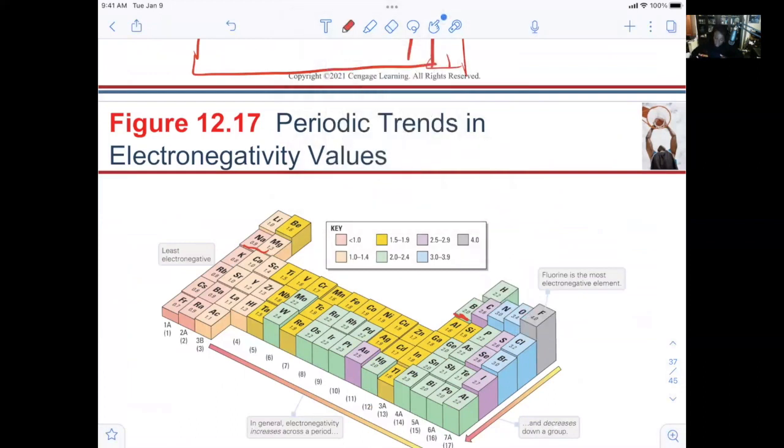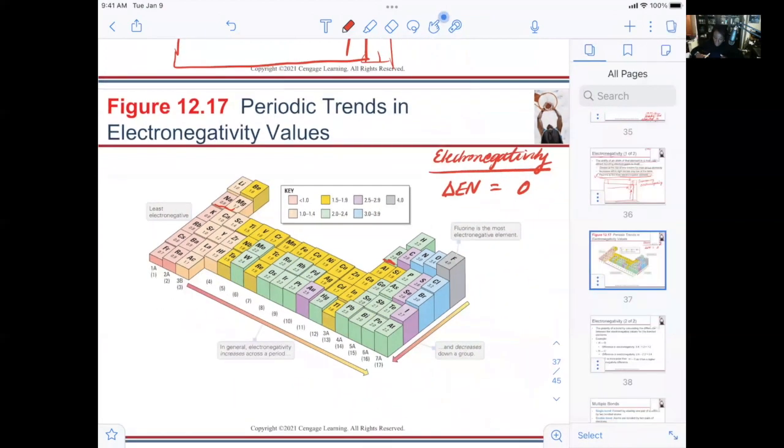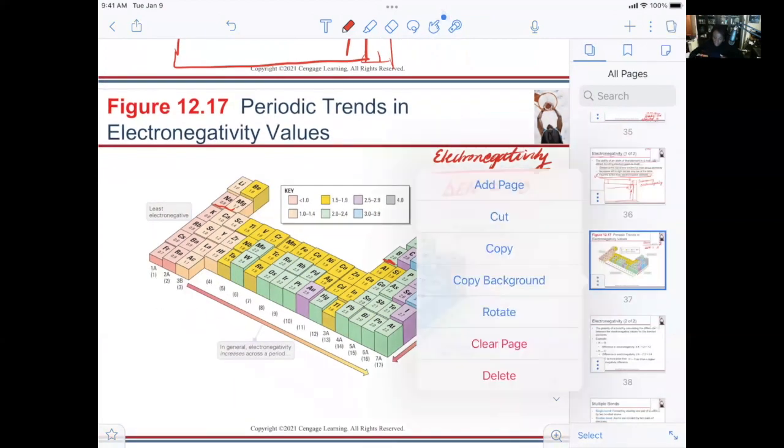So the gaps between the bonds, or the electronegativity value between the bonds, tells you what type of bond you have. If the change in electronegativity is equal to 0, then you have, let me make a brand new sheet of paper for that.